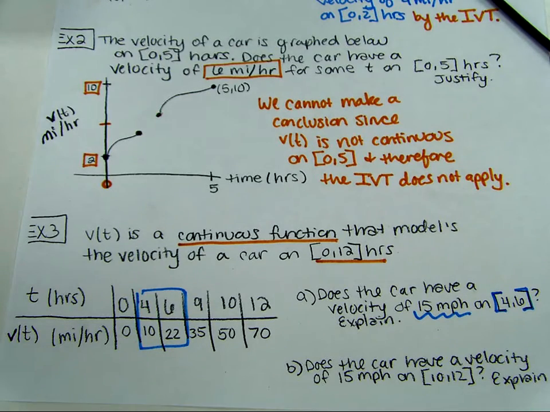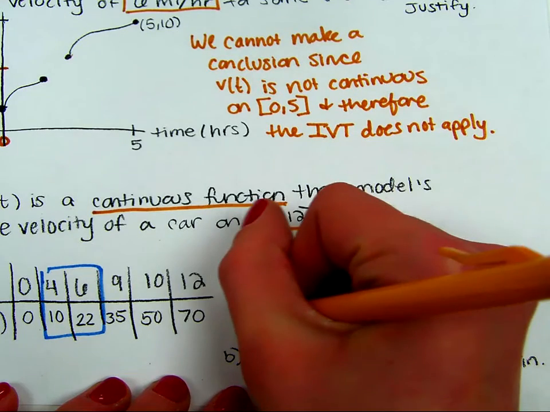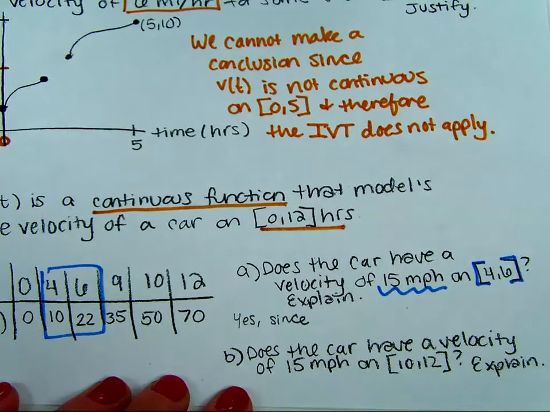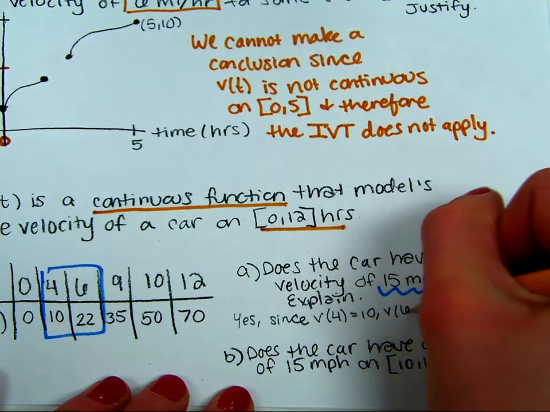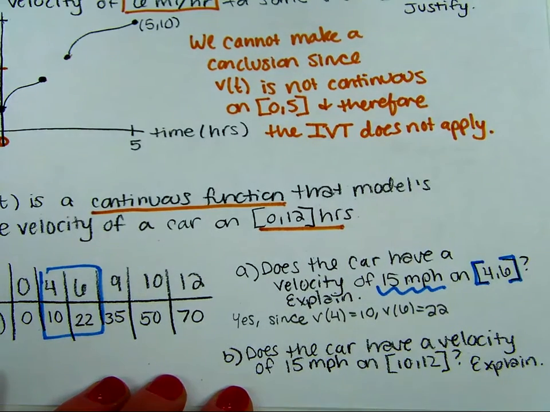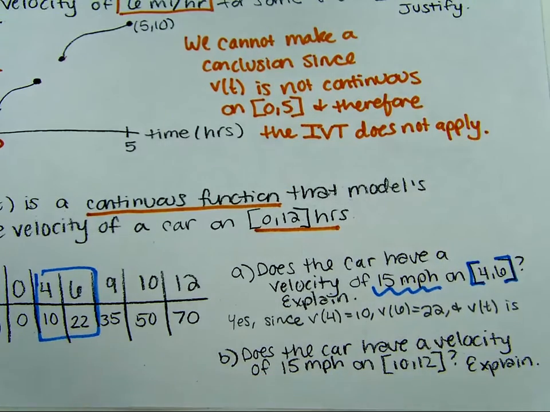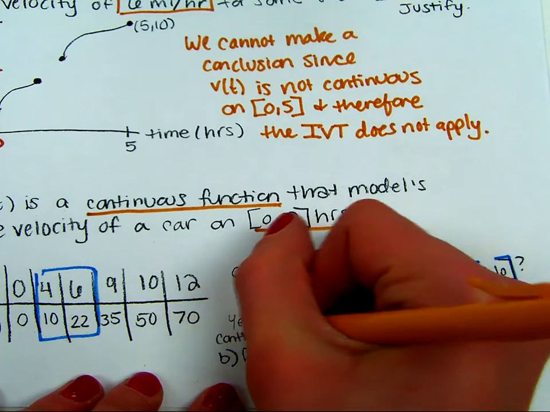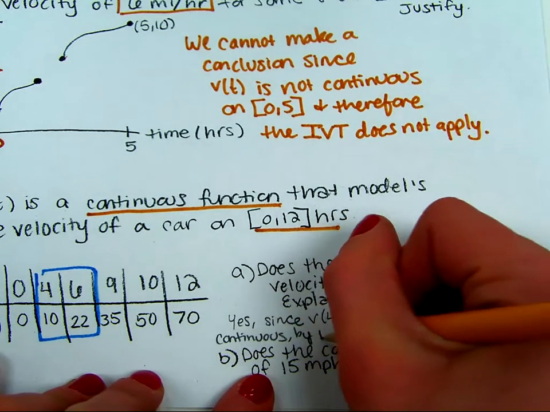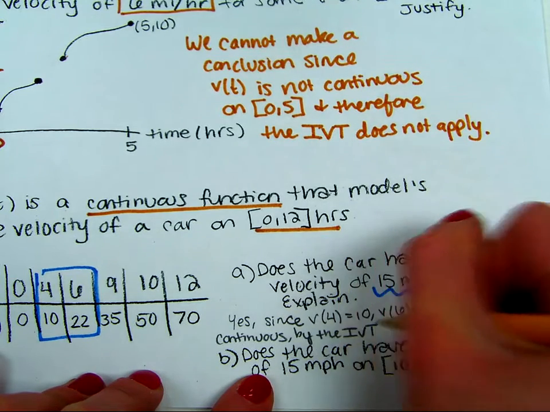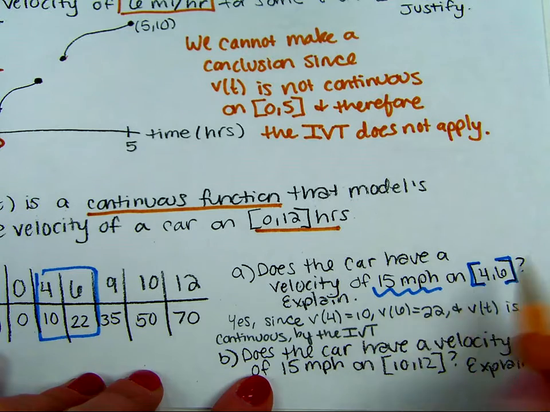So I'm going to try to write small. I try to zoom in on this so you can see, but I'm going to say yes, since, I'm going to mention my 2 points, since v of 4 equals 10 and v of 6 equals 22, and v of t is continuous, we can say by the intermediate value theorem, the car will have a velocity of 15 miles per hour on 4 to 6.